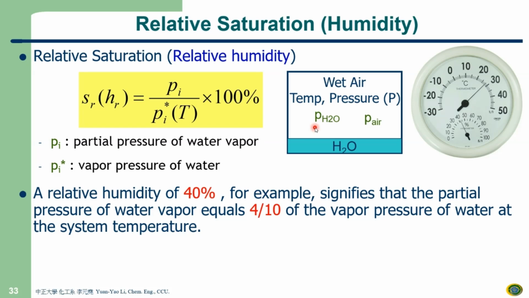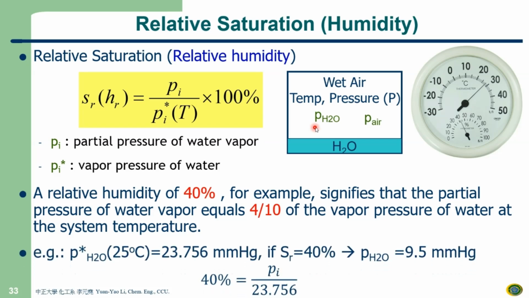So what does that mean? For example, at this moment the temperature is 25 Celsius. You can check the table for the saturated vapor pressure of water at 25 Celsius. You can find the answer from a table, or use equations, or find it from figures, for example.